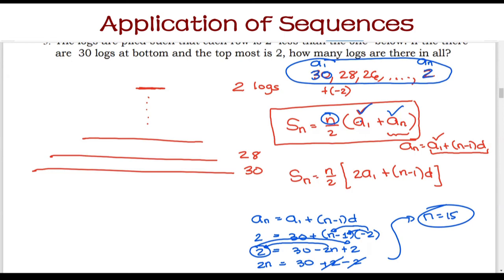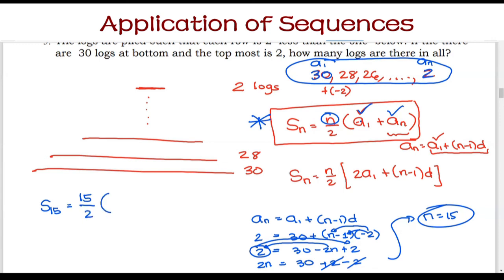Pinakita ko lang sa inyo kung paano kunin yung n gamit yung formula. Okay? Now, we know the value of n. So, pwede na nating sagutin yung question na how many logs are there in all using the formula. We're looking for S sub 15. Yan yung n. Okay? So, using the formula, this formula, okay? So, we have 15 over 2. Okay?